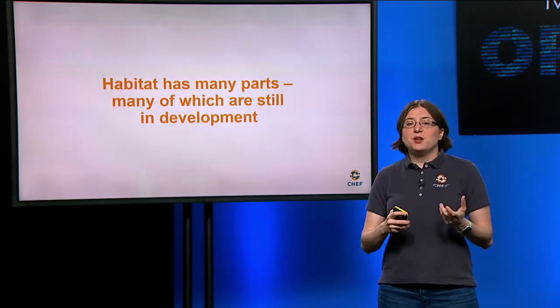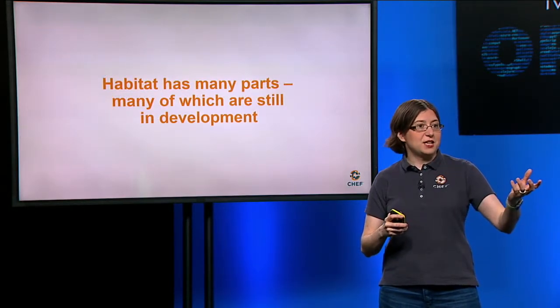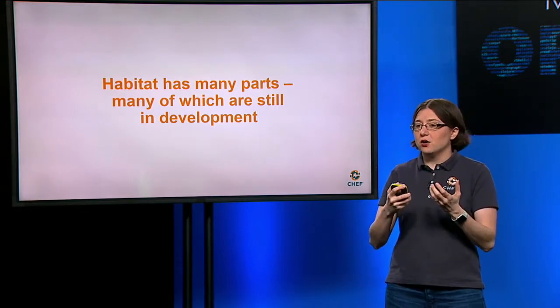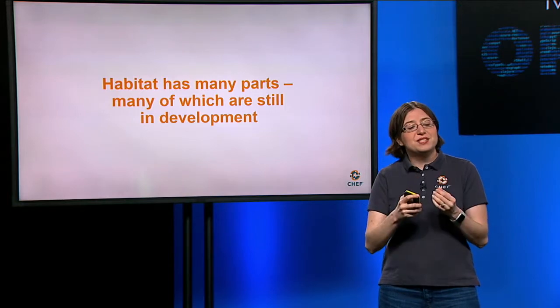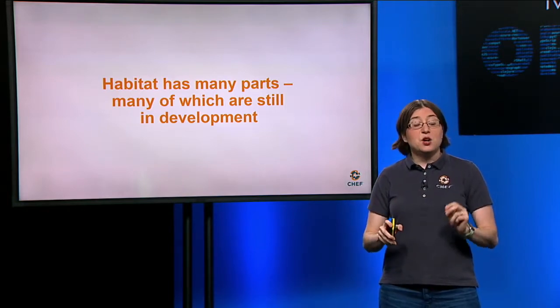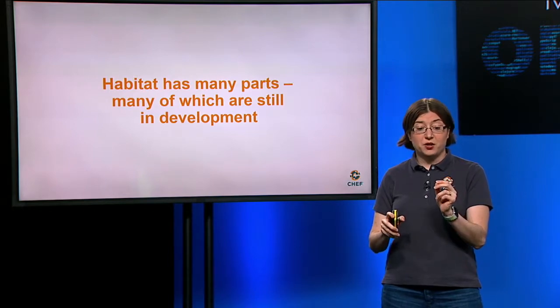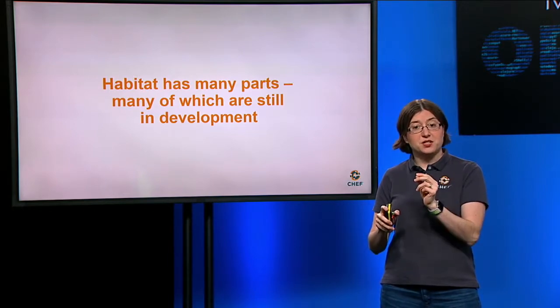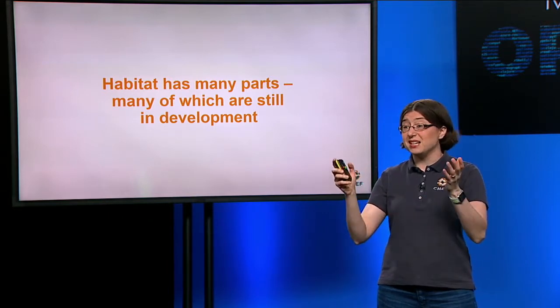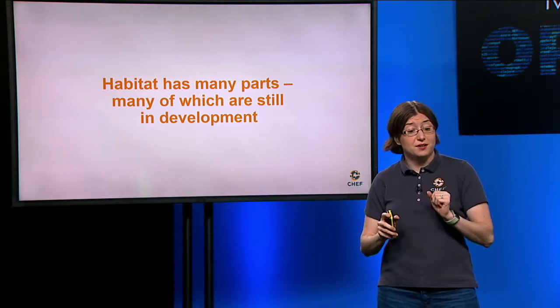So when I spoke to Jamie Windsor before I came onto the Habitat core team, he described Habitat as an umbrella over many components, all designed to allow you to build software once and run it anywhere. Now, many of these components are still in development, including the Builder service, which if you want to learn more about that, head on over to the Chef website and you can see a keynote from ChefConf, which will demonstrate it.